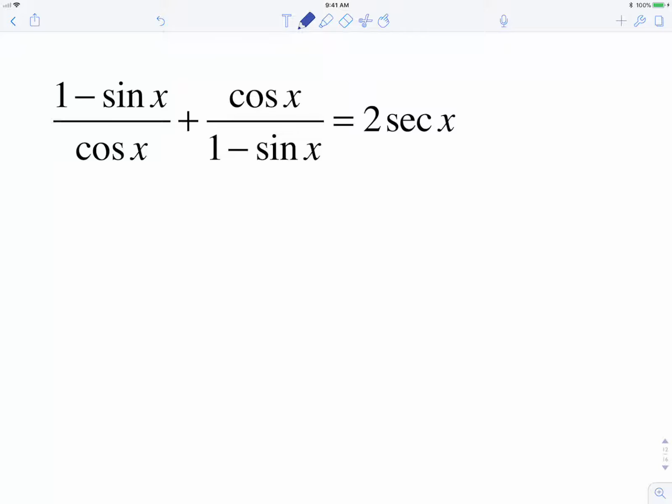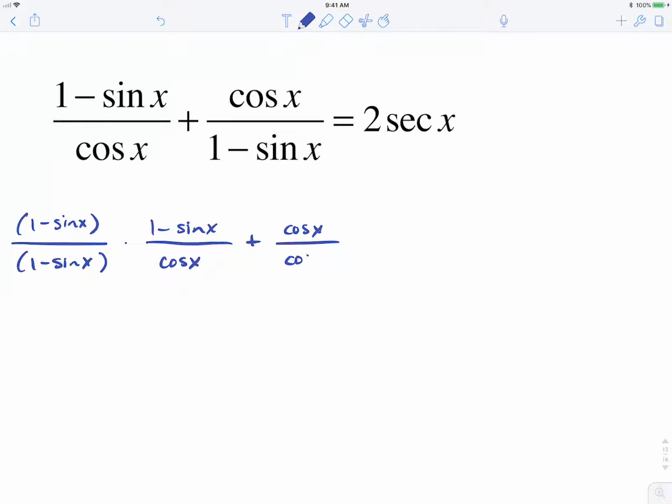So I'm going to try and rewrite the left-hand side as a single fraction, which means I'm going to multiply the first fraction by 1 minus sine over 1 minus sine. And I'm going to multiply the second fraction by cosine over cosine so that we can get a common denominator.